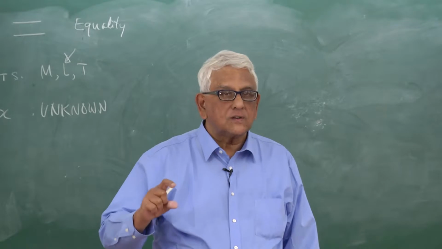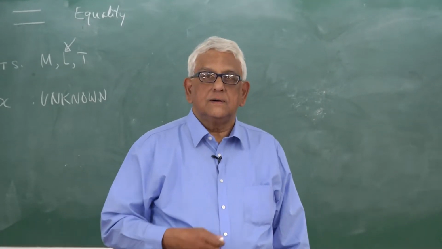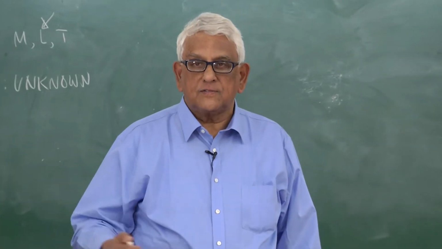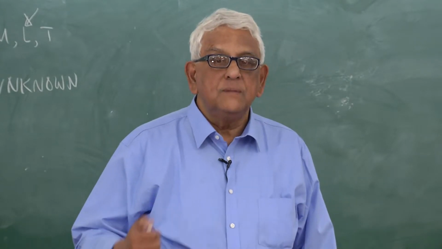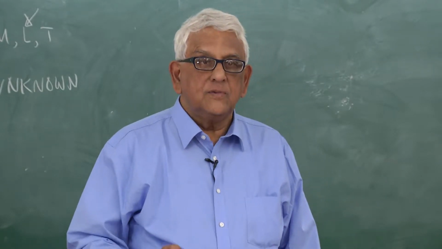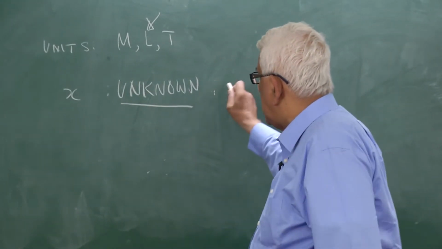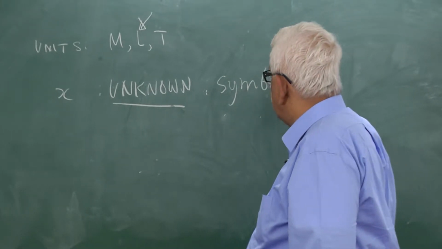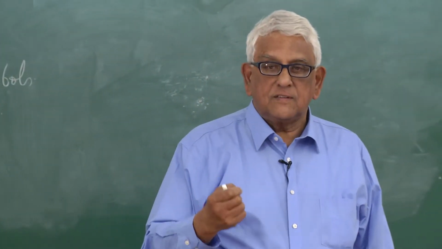It is just a shorthand to say that when we try to understand a particular phenomenon or to model some event, then we make use of symbols. And the unknown also introduces symbols. Right? So let me start by giving a simple example.